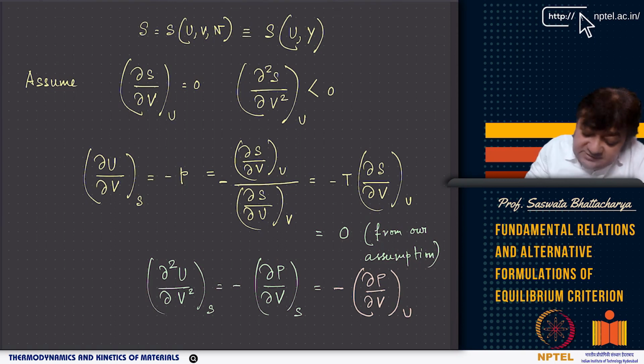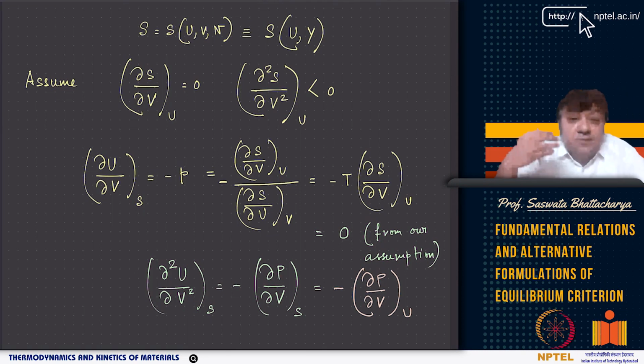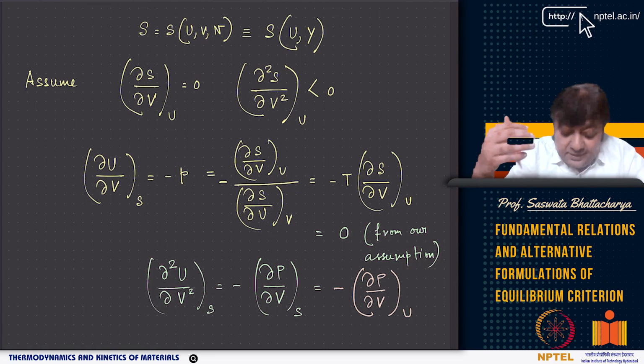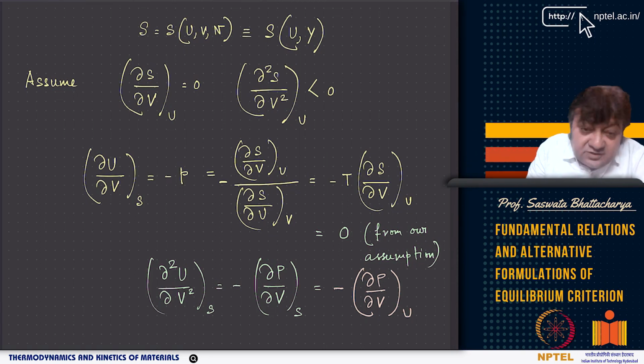So as you can see, I started with the entropy maximum principle. When I talk about the entropy maximum principle, we are basically saying S is a function of U, that is the energy of the system, volume of the system, and mole numbers of components that constitute the system, right?